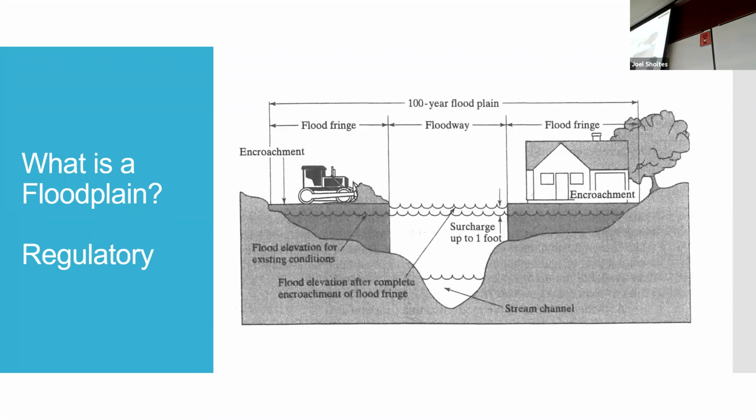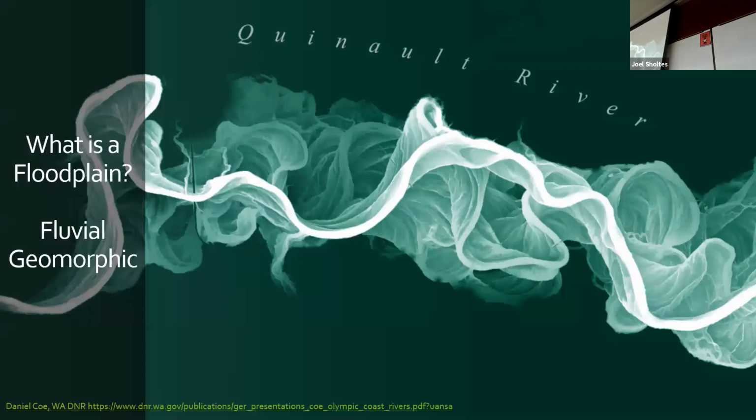So really the floodway is defined by a hydraulic model, and it has kind of elevated regulations versus the flood fringe, where some sort of development is allowed to occur. Obviously, it's discouraged. You need insurance, etc. So that's kind of like this regulatory hydraulic definition.